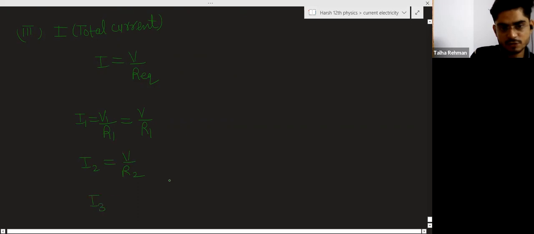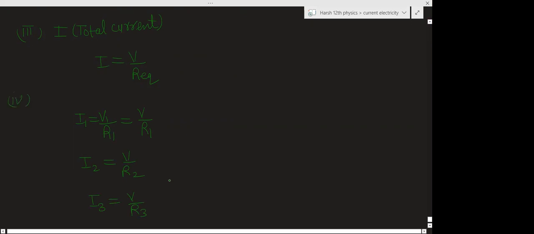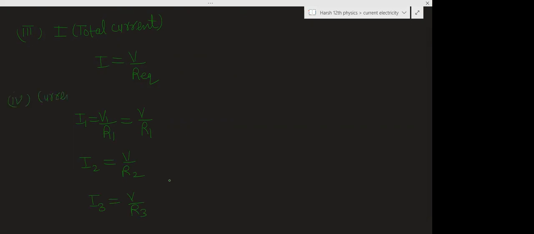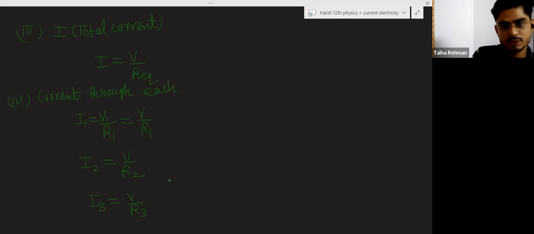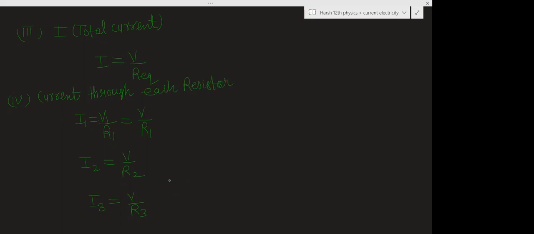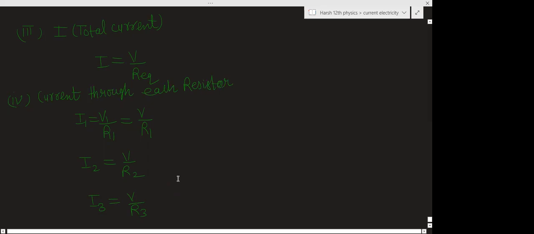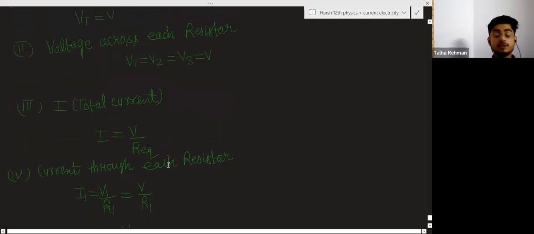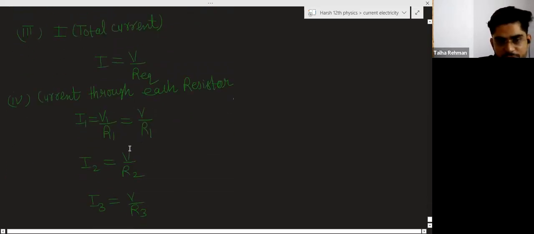For I3, you can write V divided by R3. This will be the fourth part, current through each resistor. I am doing the same thing again and again, I am just applying the formula. We know in parallel combination the voltage is the same. That is why I have written V.